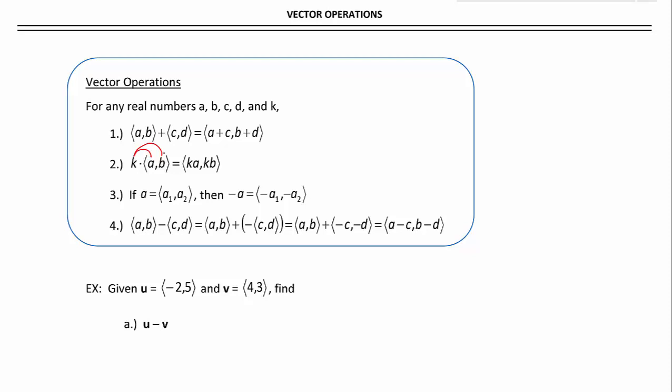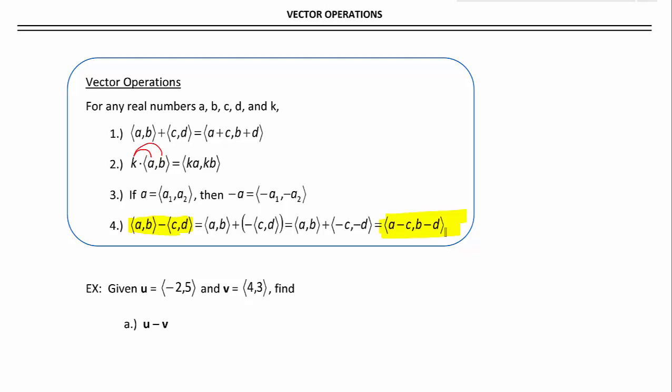And then our operation number 4 just has to do with subtracting vectors. So I did it the long way, listed it out, and showed how we changed subtraction into adding the opposite, which we've discussed in a previous video. But basically, when you are subtracting two vectors, you subtract the x components and the y components.